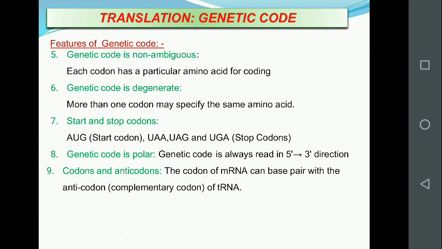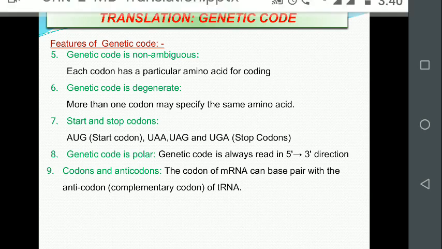Genetic code means the code that translates the nucleotide sequence into amino acid sequence. So there is a specific translator in between the nucleotide sequence and amino acid sequence, and that translator is the tRNA molecule. With one end it recognizes the nucleotide sequence or codon on mRNA, and with another end it carries the specific amino acid. So that is the codon and anticodon interaction by tRNA.